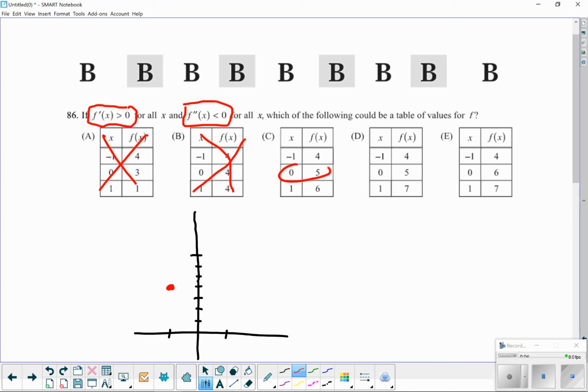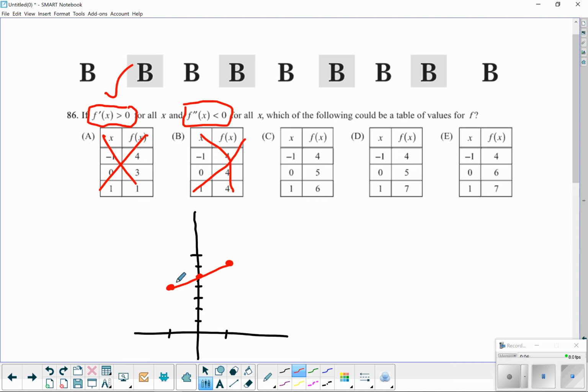At 0, right here, we're on chart C, you're at 5. And at 1, you're at 6. Okay, so this does increase, and it does work right here. So check.